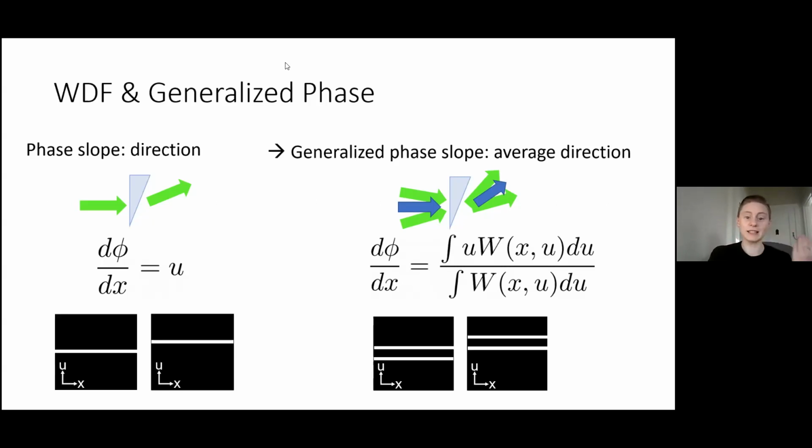Okay, and of course, in the simple case where we only have one direction moving through the scene, this Wigner distribution function is very simple, and this does reduce to the traditional direction of phase. Okay, so just to zoom out for a second, we introduced this complicated mathematical object. It's very useful because it lets us move things through the scene using ray optics.